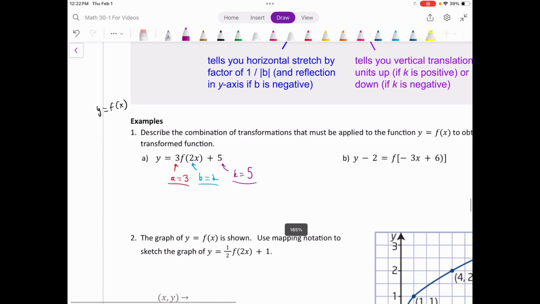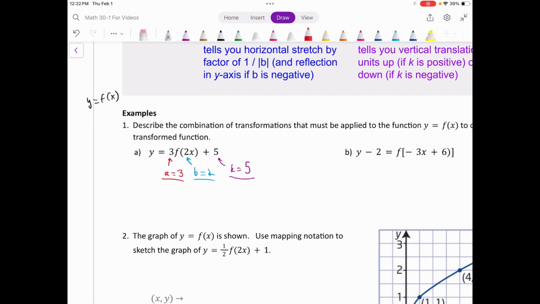Okay, so let's write out the proper terminology. So we have to do these two first. So we would do a vertical stretch by a factor of 3 about the x-axis. Okay, that would be our first thing.